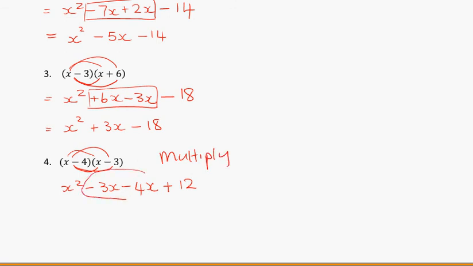This is where you add or subtract. Simplify the middle term. x squared minus 3x, so you're down 3 and you go down another 4. So you're at negative 7x plus 12. And probably the hardest part of this is knowing your integer addition and subtraction.